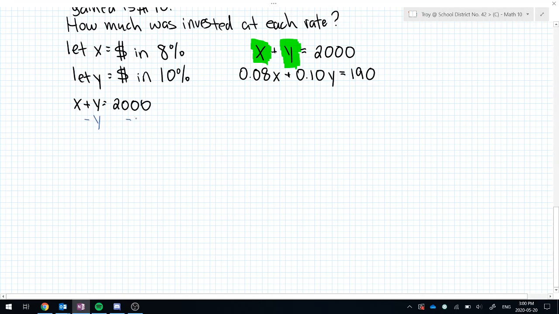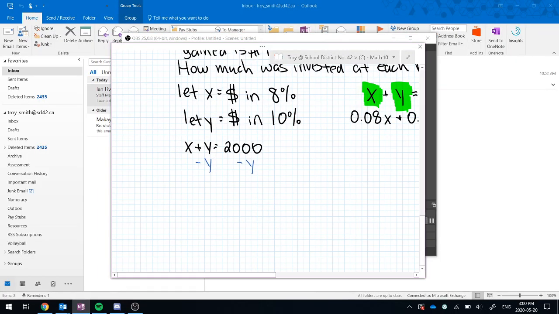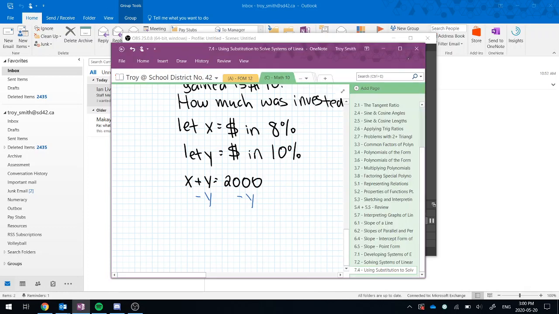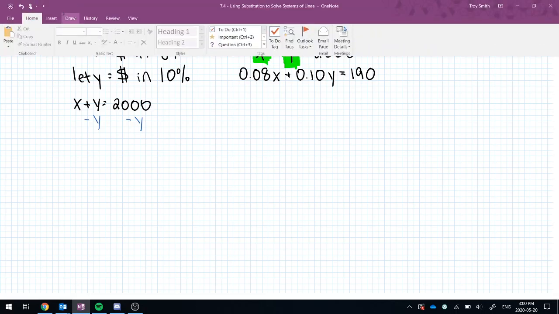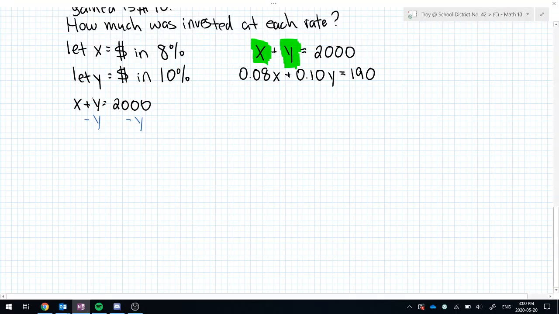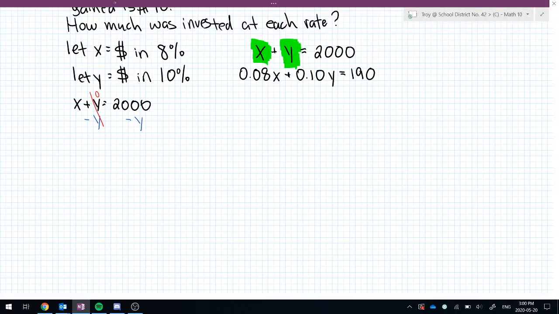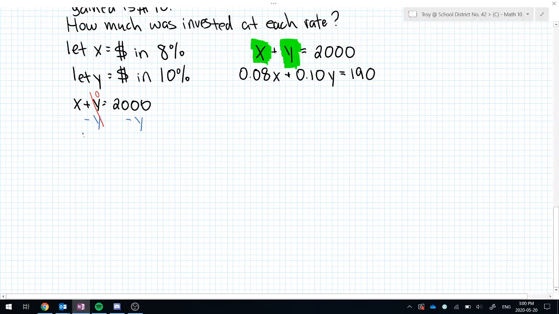So we have to subtract y on both sides. When I do that, of course, the y's cancel. All I have left on the left-hand side is my x. And on the right, I just have 2,000 minus y. Okay, so I have one variable there that's isolated.